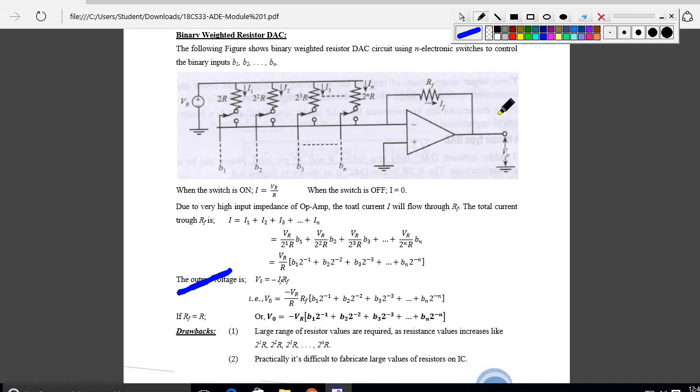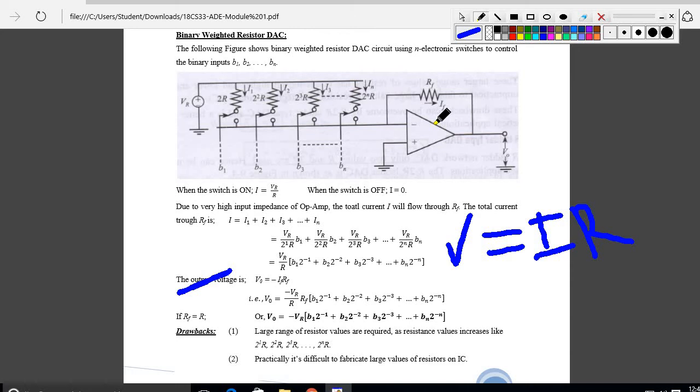We all know how the inverting amplifier works. The output voltage V0 is equal to minus IF into RF. The normal voltage equation is V equal to IR, and the current here is IF, so instead of R I write RF. Why the negative sign here? Because of the inverting terminal.